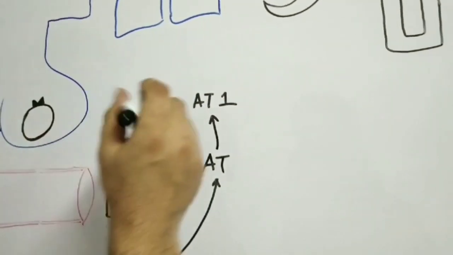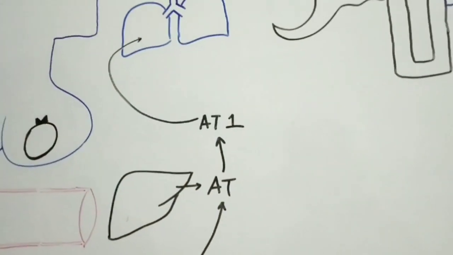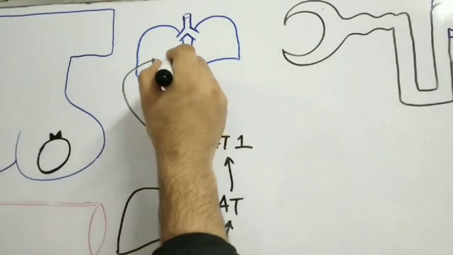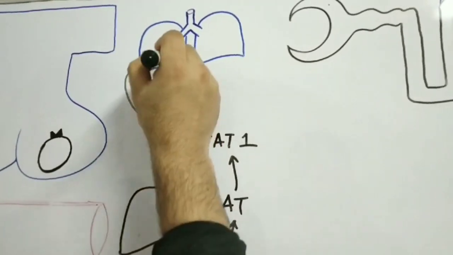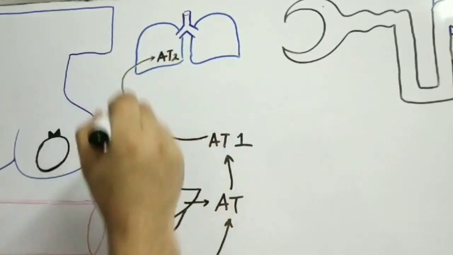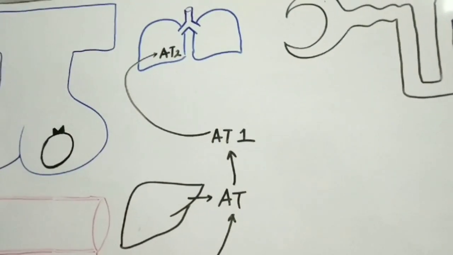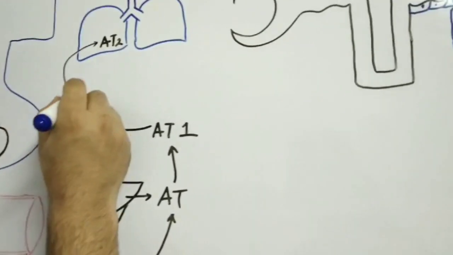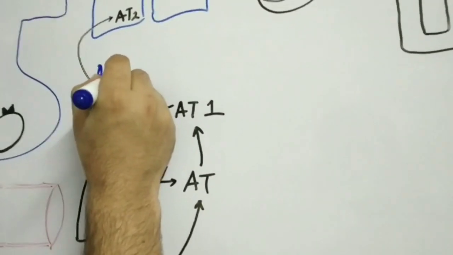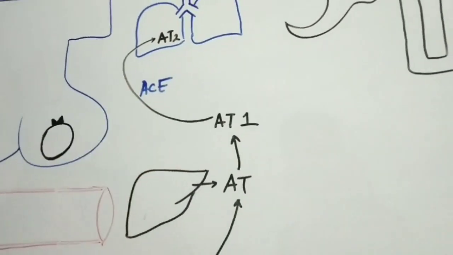Let me show you in black color. Angiotensin 1 goes to our lungs. In the lungs, it is converted into angiotensin 2 by a special enzyme which is present in the lungs, known as ACE, angiotensin converting enzyme.